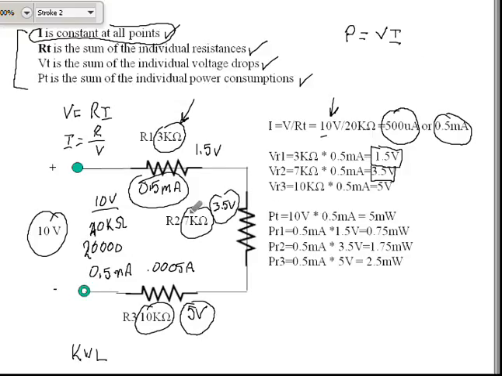For each one, we know the current at 0.5 milliamps. We know the voltage drop for each resistor. So calculating each one individually, 0.5 milliamps times 1.5 volts, I get 750 milliwatts, or 750 milliwatts. Oh wait, I was right. The point with the 0.